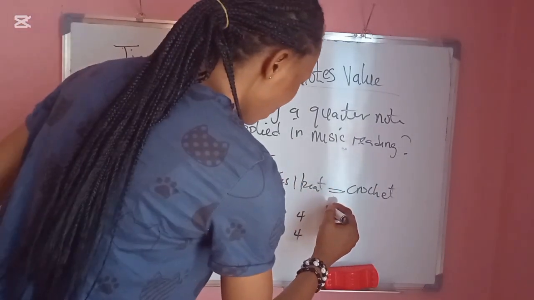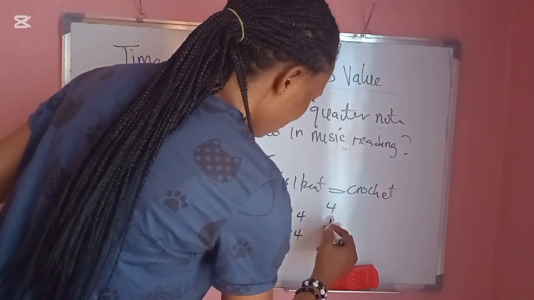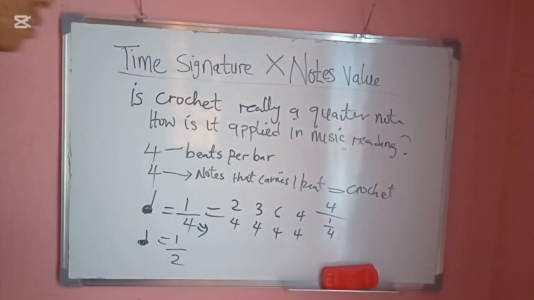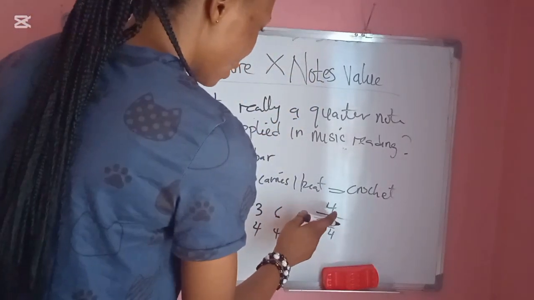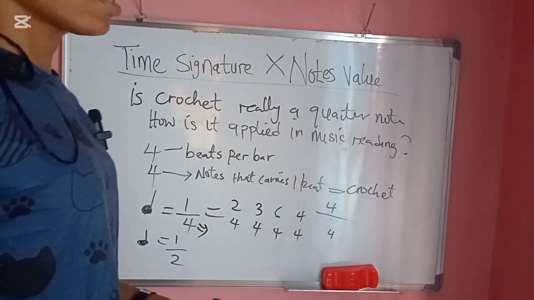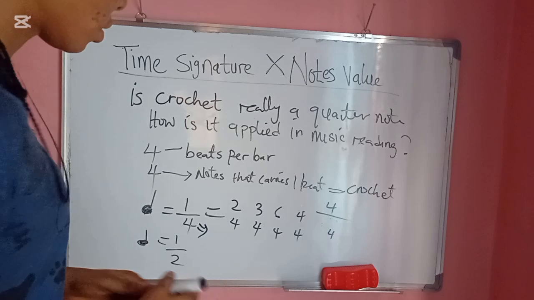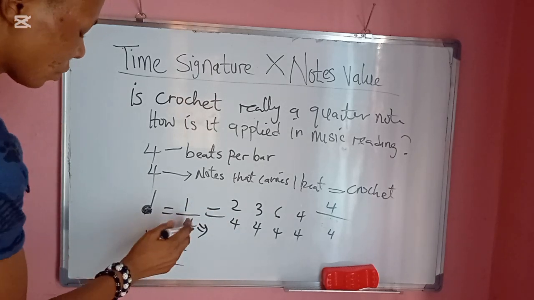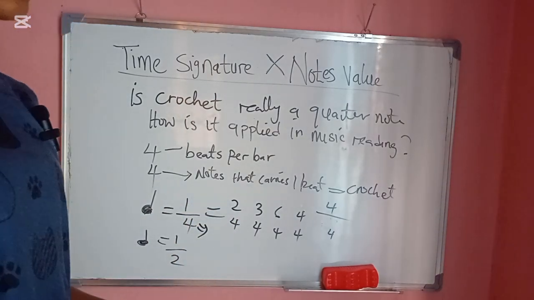it's supposed to be something like this, but since we can't write it that way, the upper one is omitted and the lower one is used. So in every music that you see the lower number as 4, that stands for crochet.